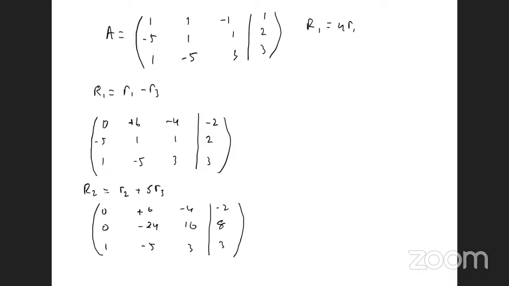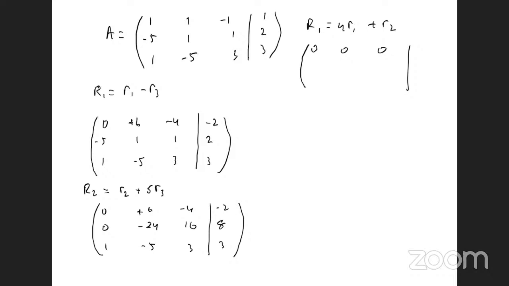So I take 4 times row 1 and add it to row 2. That's it. I should get 0, 0, 0. 4 by minus 2 is minus 8.